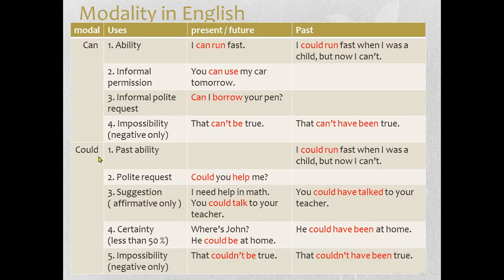And could can be used for possibility, polite request, suggestion, affirmative only, certainty less than 50%, and impossibility, negative only. Here you can see the present and future tense examples and past tense examples. Only in can, informal permission and informal polite request, there is no past form of can in these meanings.